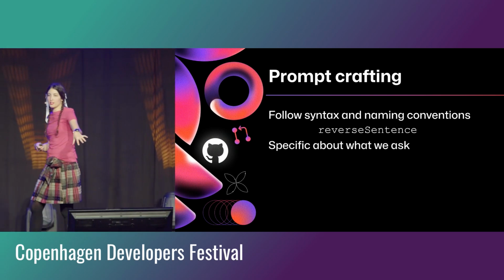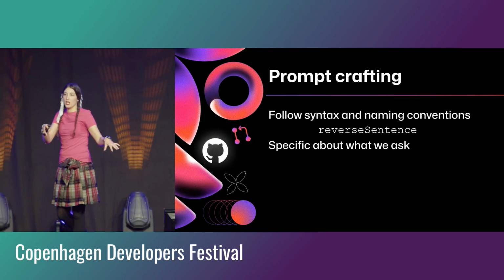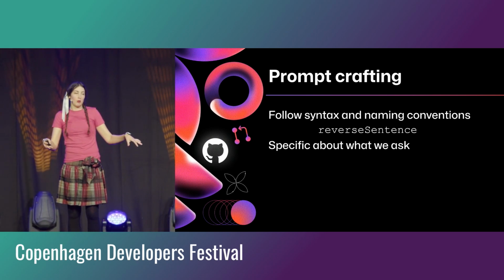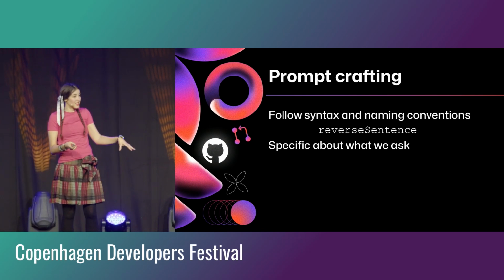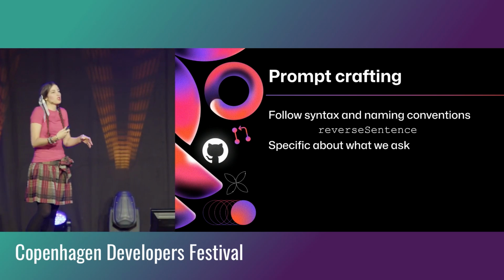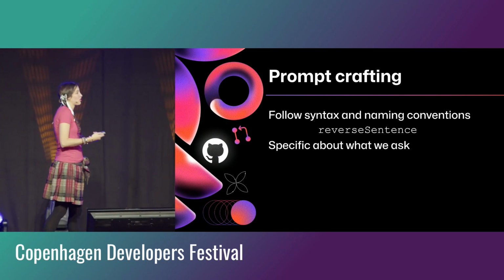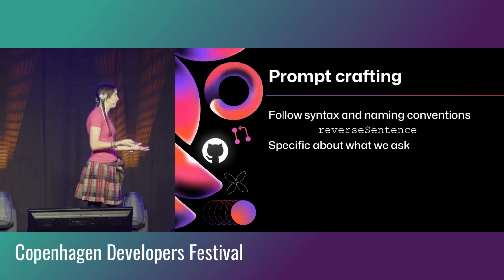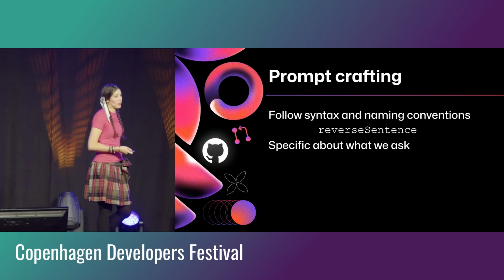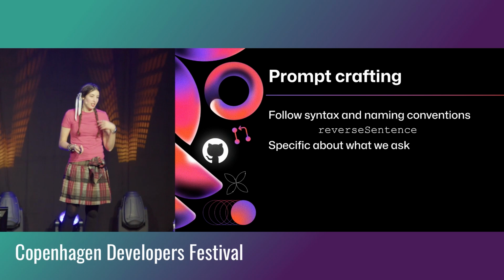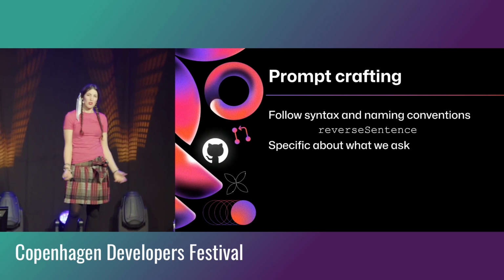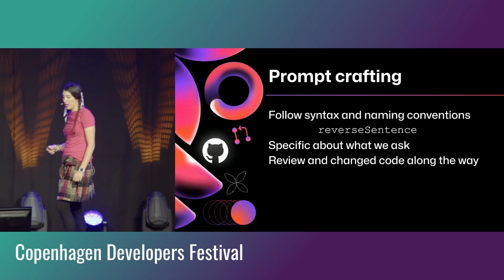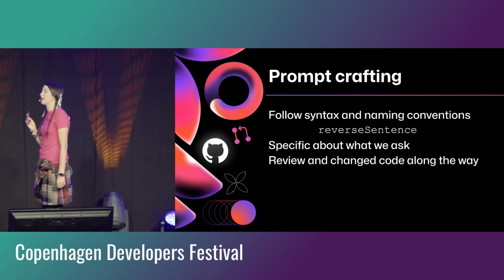In that first example when I showed you the new game, I wasn't specific, so I didn't really get exactly what I wanted straight away. But in the second example of creating the game, I was a bit more specific about what I asked, and so I got more of what I actually needed. So be specific about what we ask. Again, if I say to Denny in the crowd, build me an app, he's going to go, what kind of app? Again, be specific. I reviewed and I changed my code along the way.